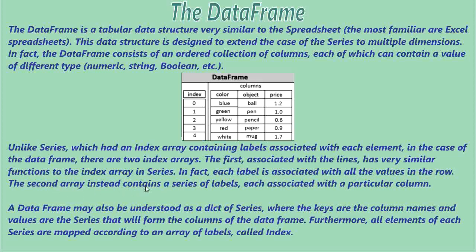The second array instead contains a series of labels, each associated with a particular column. A data frame may also be understood as a dictionary of series, where the keys are the column names and values are the series that will form the columns of the data frame. Furthermore, all elements of each series are mapped according to an array of labels, called index.